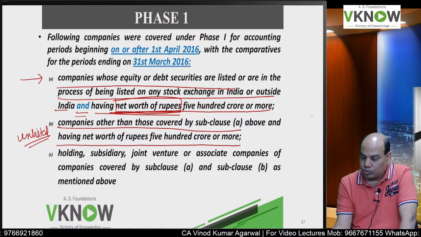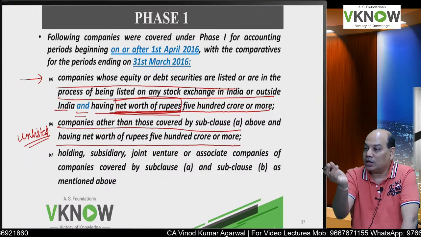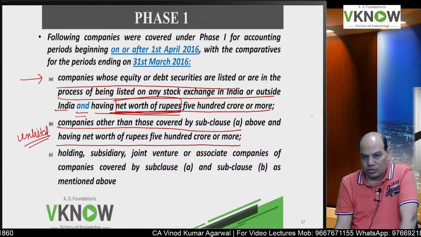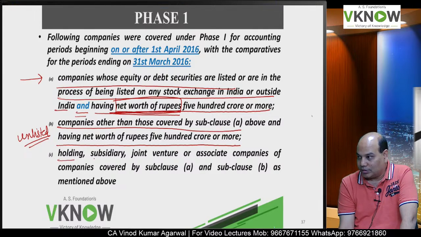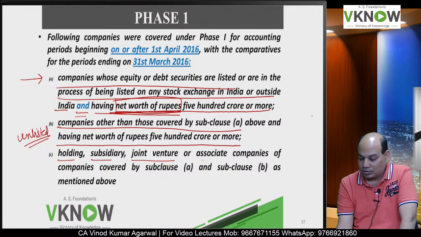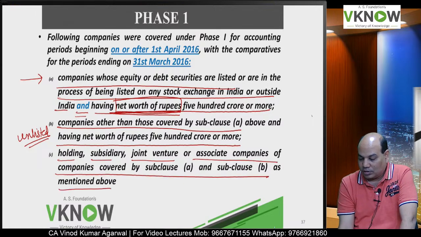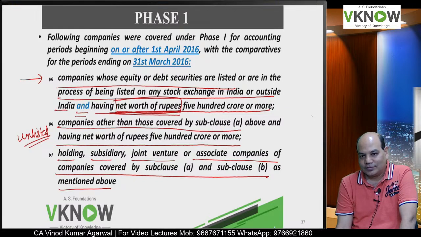Because if it is listed and more than 500 crore, it will get covered under the first clause. Not only that, your holding company, your subsidiary, joint venture or associate companies will also be covered from that date.